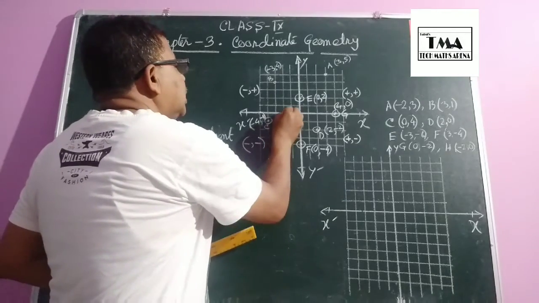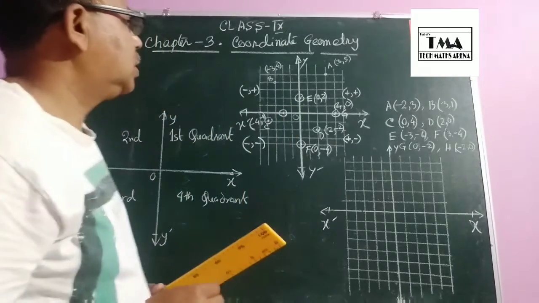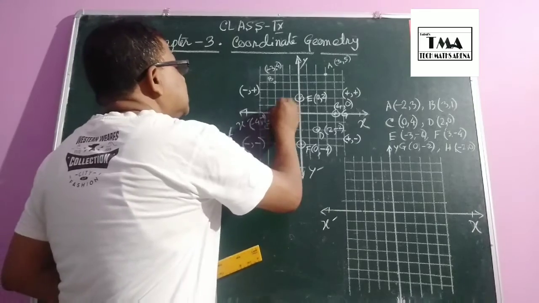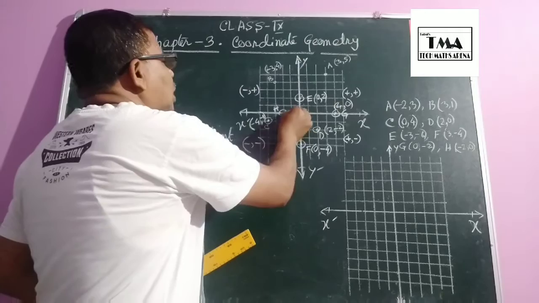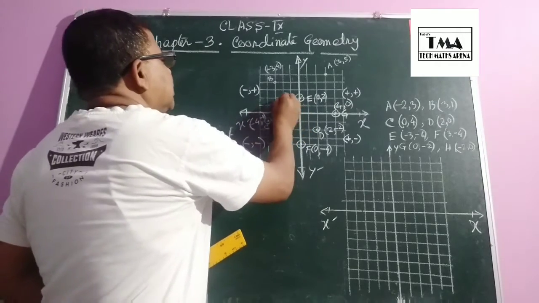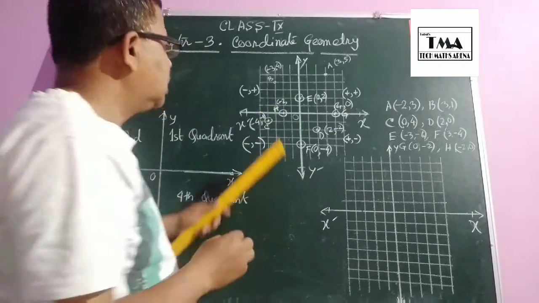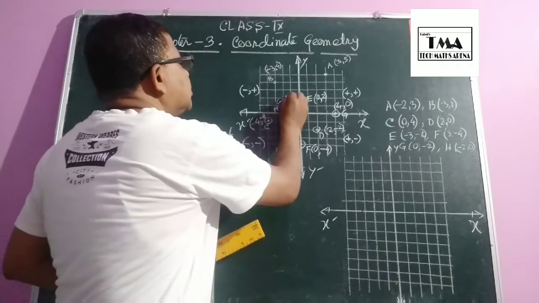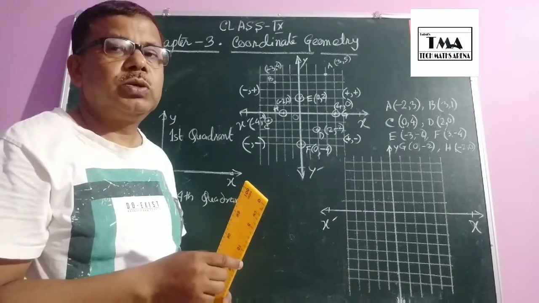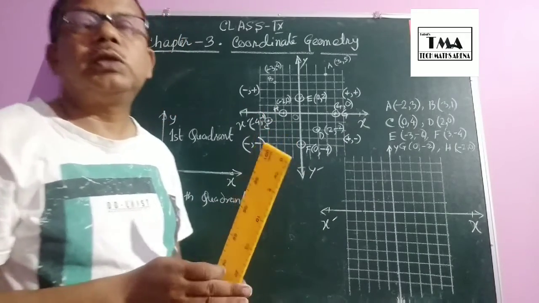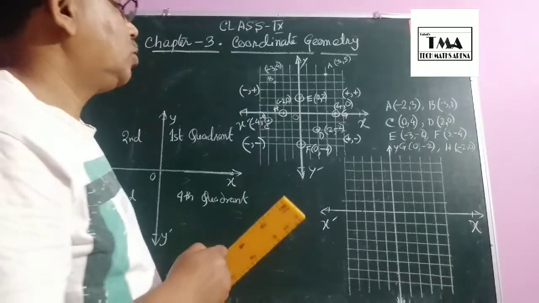And now if you take a point here, suppose the name is H. Here the x coordinate is 1, 2, but along negative, so minus 2. But the y coordinate is 0 because the point is on the x-axis. So here we get another thing. What is that?